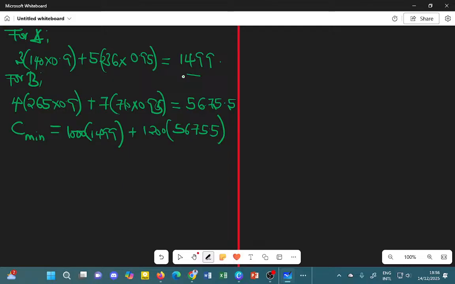So if you add that, you should get the corresponding minimum cost to be 8,309,600.